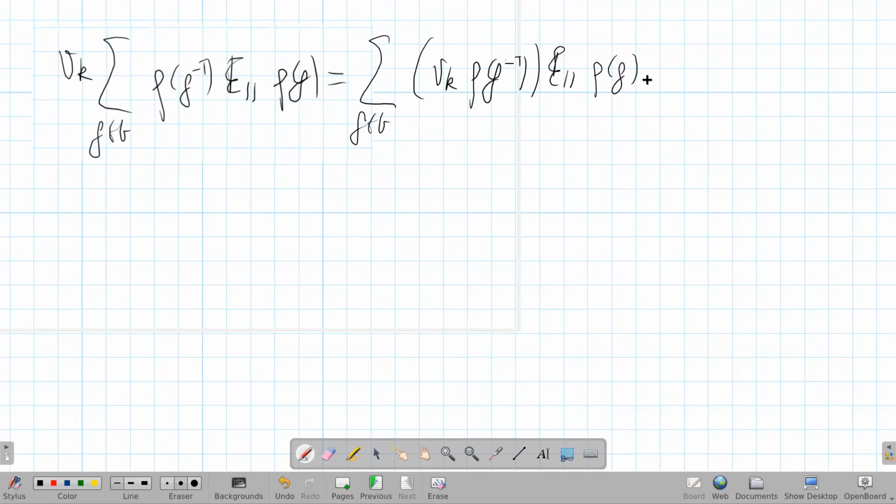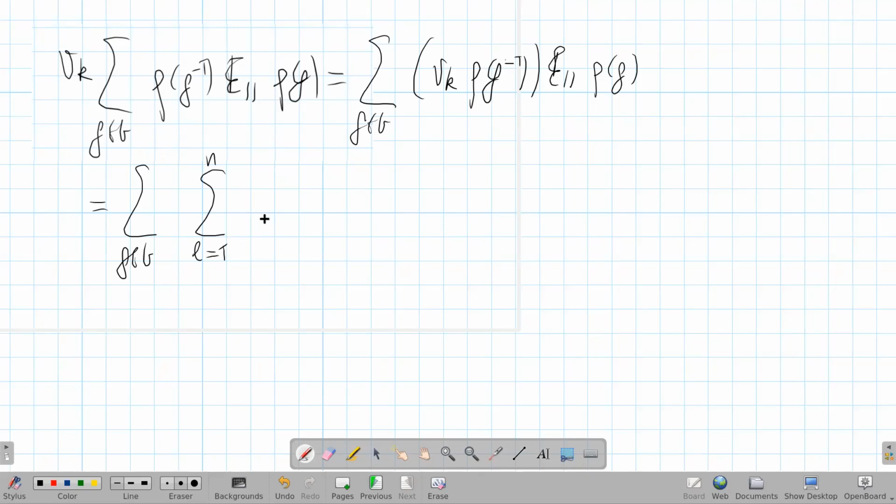So we have a sum over G here, and then a sum for L going from 1 to N of what? You apply the kth vector to this, so you're looking at the kth row of this matrix.